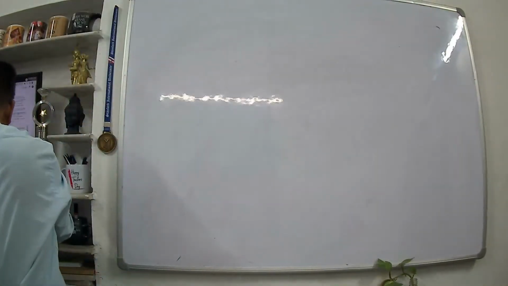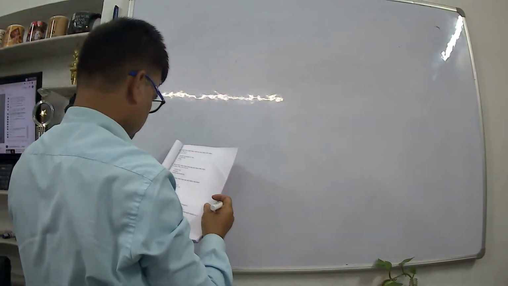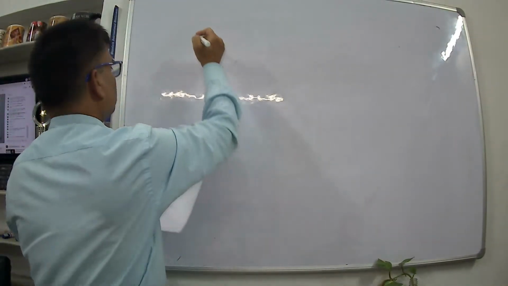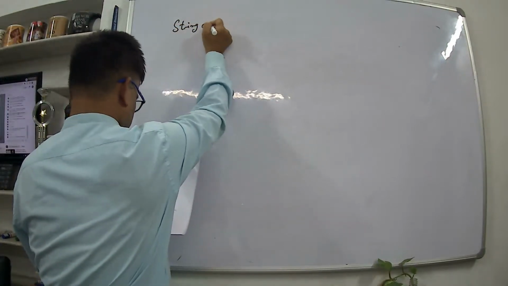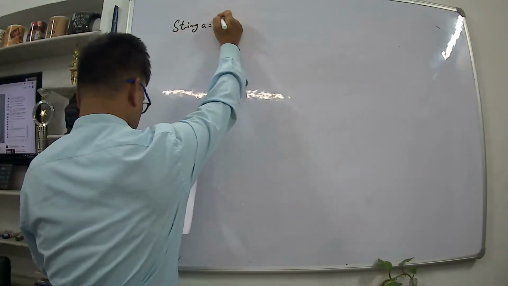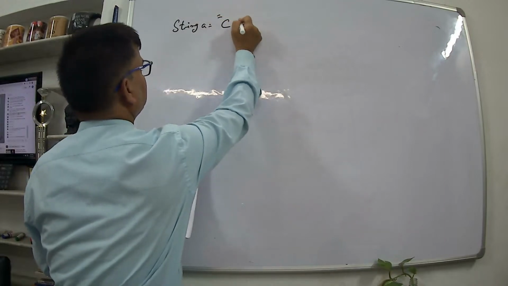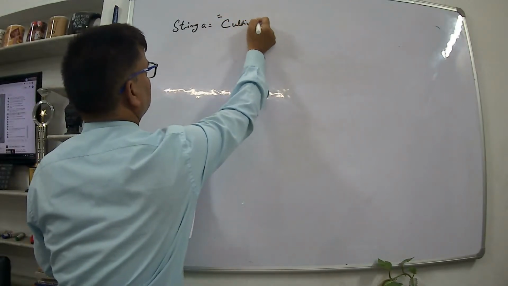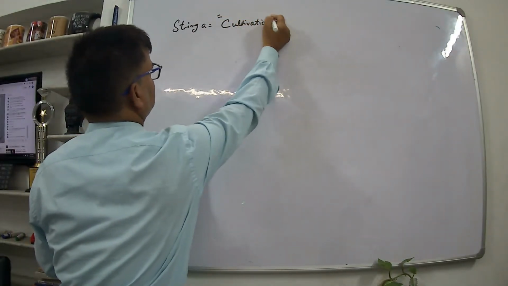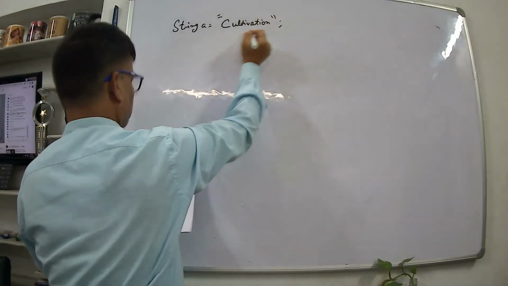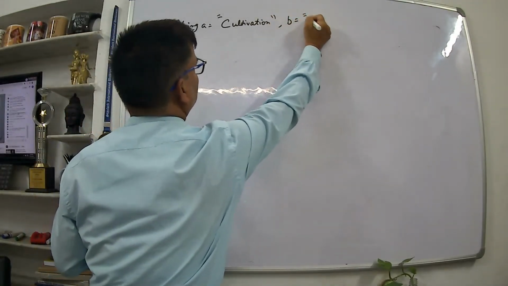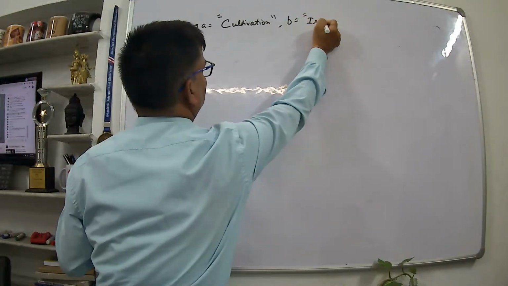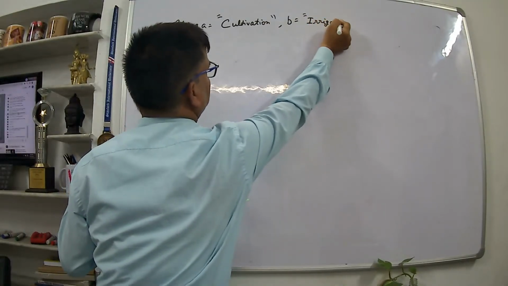Next, I'll just give string a is equal to cultivation, b is equal to irrigation.